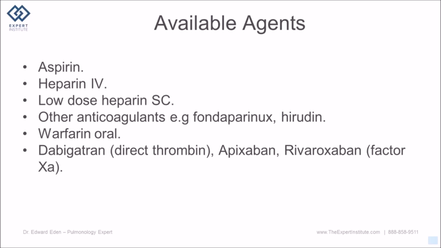The newer agents do not have dietary restrictions, but up until recently there's been no antidote to them. So anyone who starts to bleed on the newer agents, such as apixaban or rivaroxaban, there was no antidote available. Now we have an identified antidote to dabigatran. Next slide.